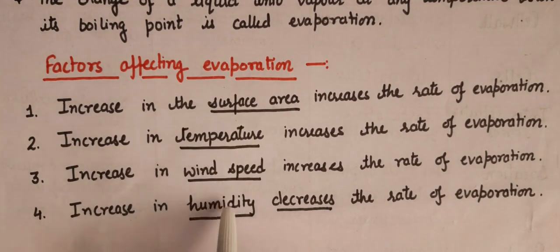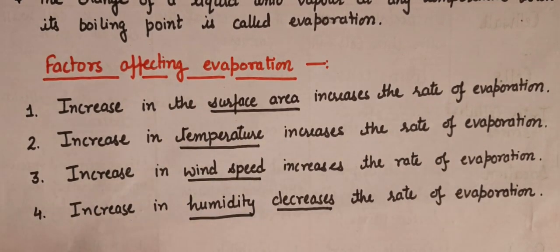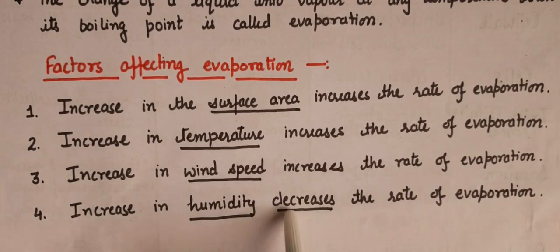So basically, out of the 4, the 3 increase the evaporation as they increase, but if humidity increases, then the rate of evaporation decreases. Getting it? And students, do you remember the difference between evaporation and boiling? Evaporation is a surface phenomenon, whereas boiling is a bulk phenomenon.